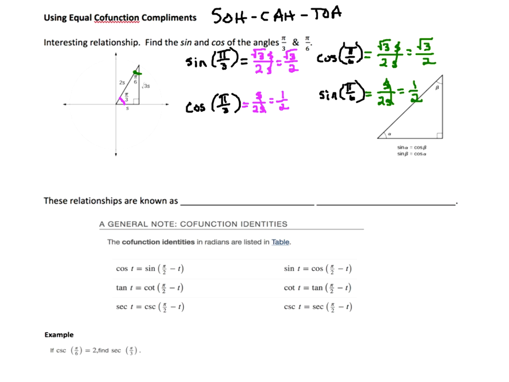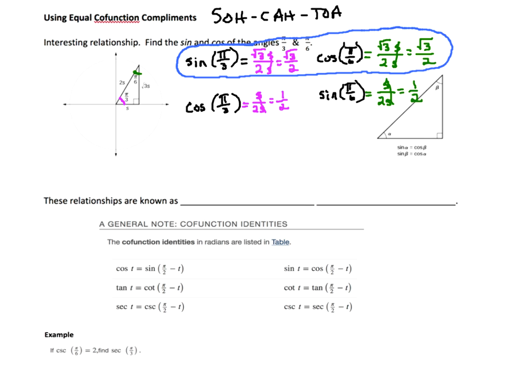Here's what I wanted you to see. When you are dealing with right triangles, the sine of one of the angles is going to be equal to the cosine of the other angle that's not the right angle.